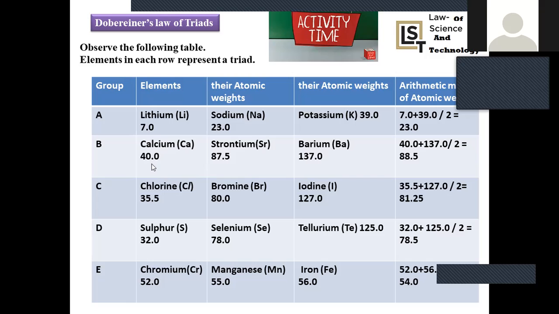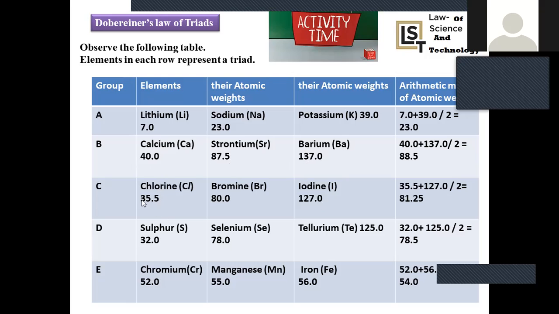And calcium was given with 40, strontium to be detected, barium 137. Let us go with the average: 40 plus 137 by 2 will be 88.5, more or less equal to 87.5, so that is also verified.